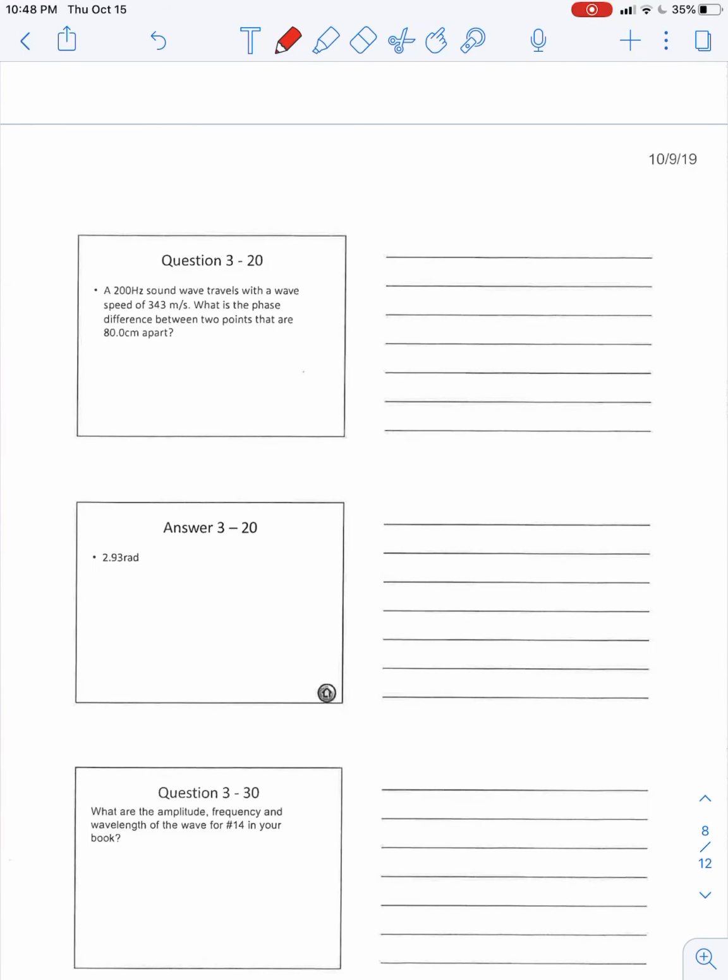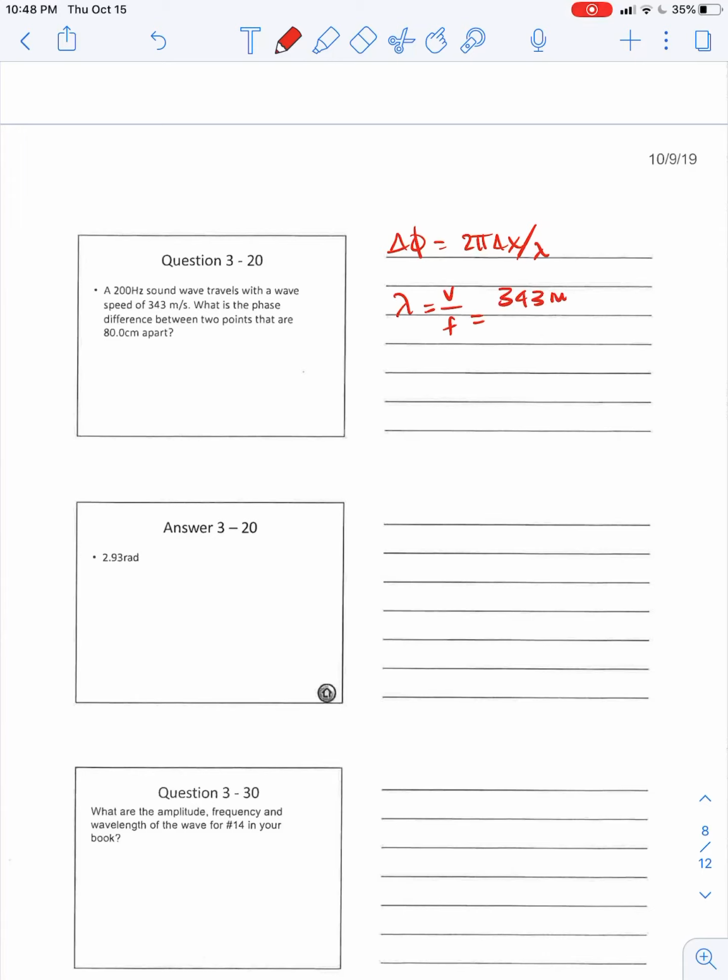All right. Next one is the phase difference. So for this, remember we had this equation, and wavelength is equal to velocity over frequency.